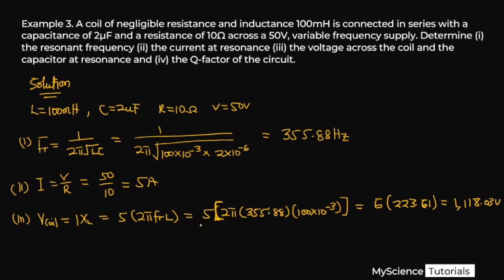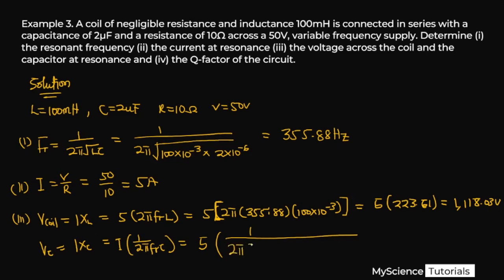And then we can go ahead and find the voltage across the capacitor VC. VC is equal to I XC, the current multiplied by XC, which is 1 over 2 pi FR C. So this is equal to 5 multiplied by 1 over 2 pi multiplied by the resonance frequency 355.88 multiplied by the capacitance, which is 2 times 10 to the power negative 6.